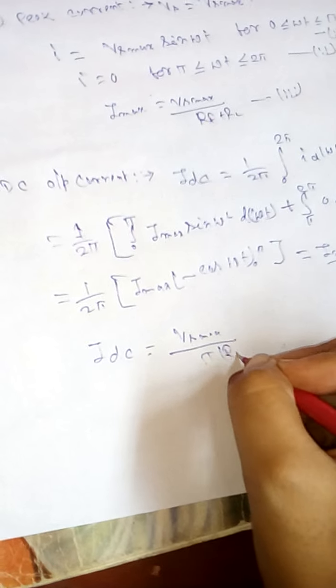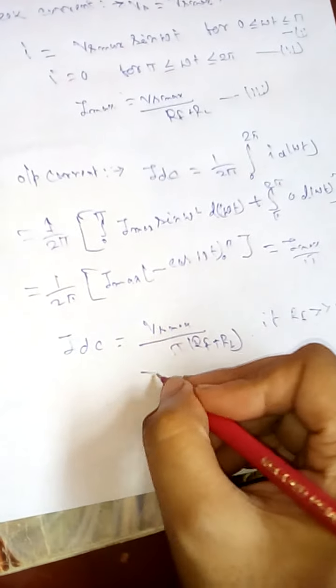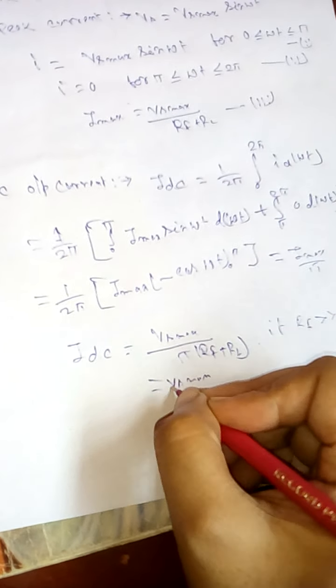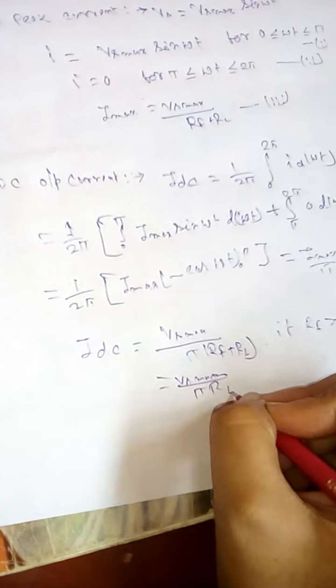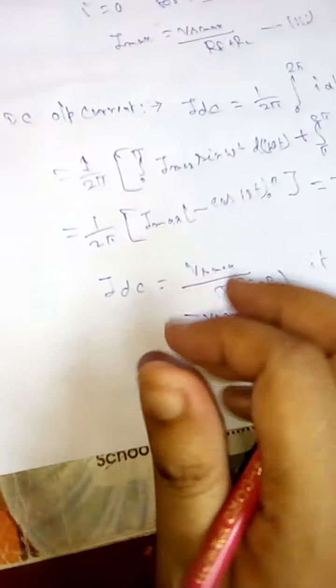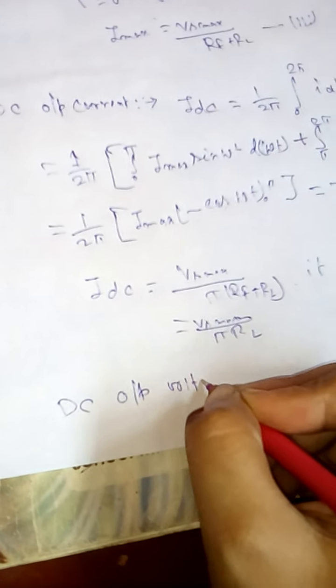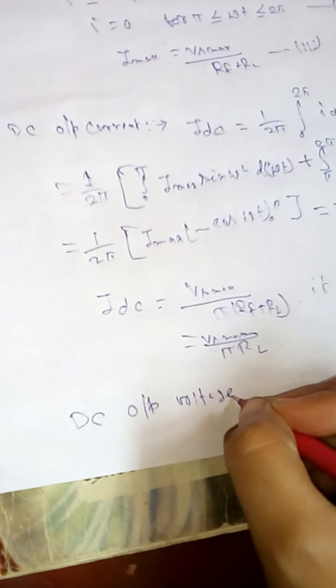pi (Rf plus RL). If Rf is very much greater than RL, then we get Vs max by pi RL. Then the DC output voltage: VDC equals IDC into RL.